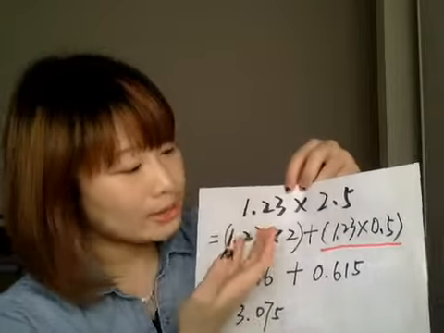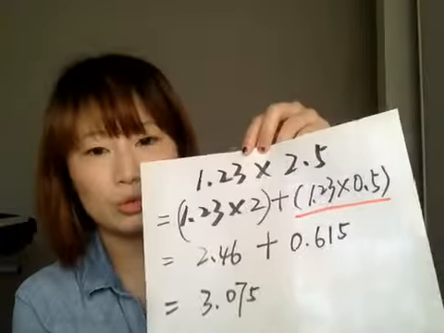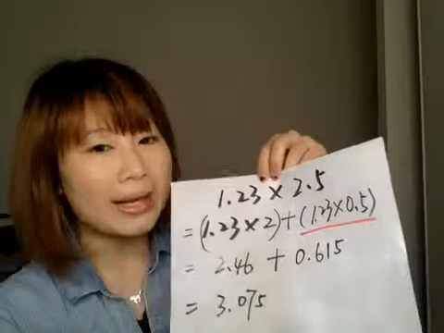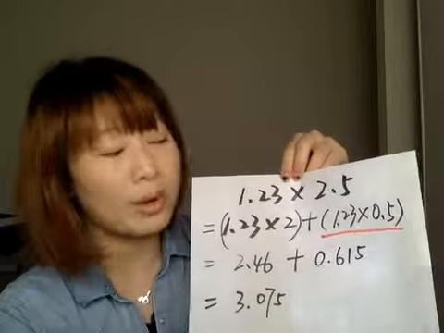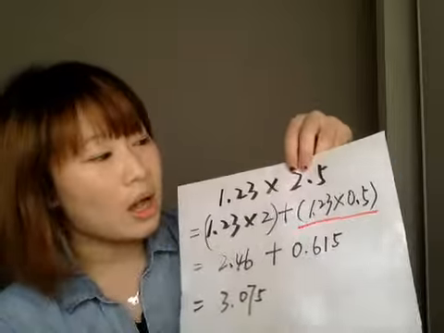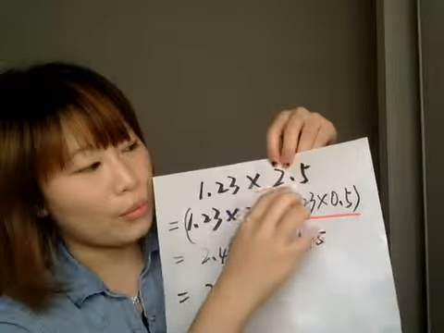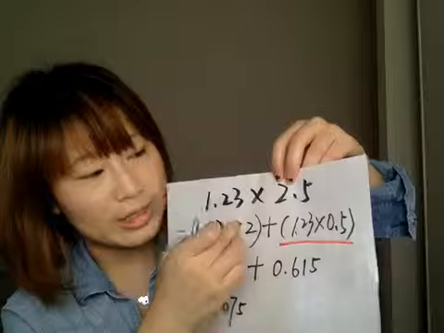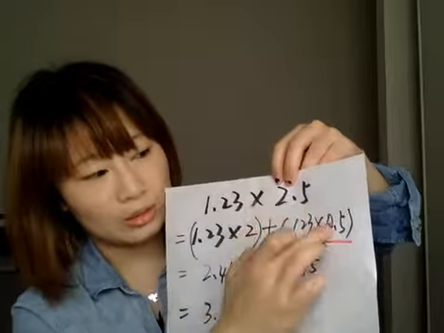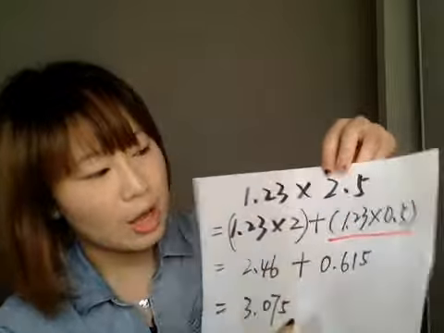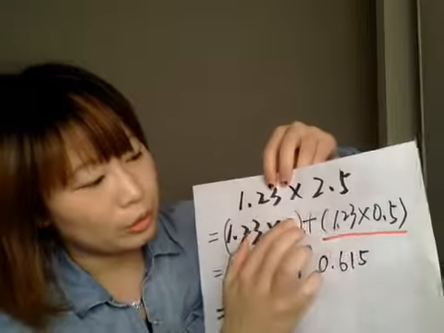And here we can see 1.23 times 2.5, and based on the distributive property for multiplication, we can split the 2.5 into a two-part addition. Actually, we put 2 in here.